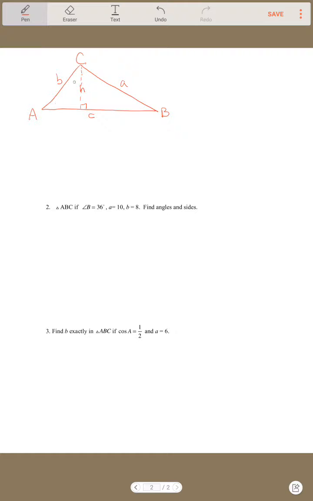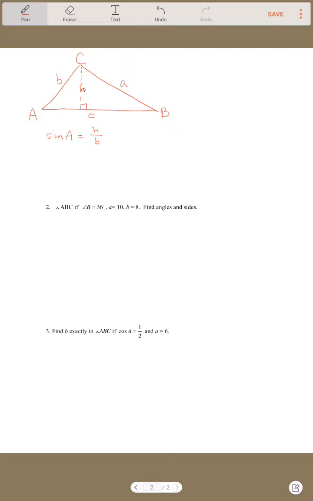What we had said before was that if we take a look at the left-hand triangle and we compare it to angle A here, we know that the height and the B can give us a ratio by using sine. If we say sine of A is equal to the height, opposite, over the hypotenuse, which is B, we can say sine of A is equal to h over B. What we can also say is if we look at angle B, let's focus on B instead.